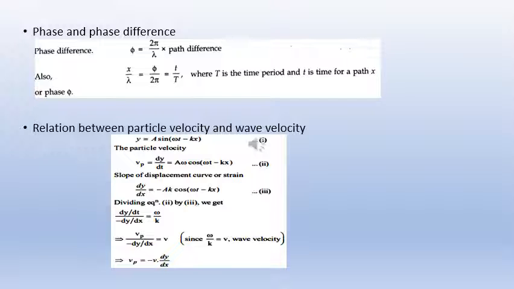Dividing equations 2 and 3, we get the ratio of particle velocity to slope as −ω/k. Now dy/dt is the particle velocity, which we've written as vp, and ω/k is v, the wave velocity. So substituting the values, the particle velocity is minus the wave velocity multiplied by the slope of the displacement curve.